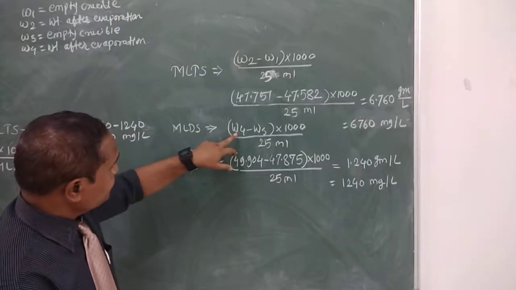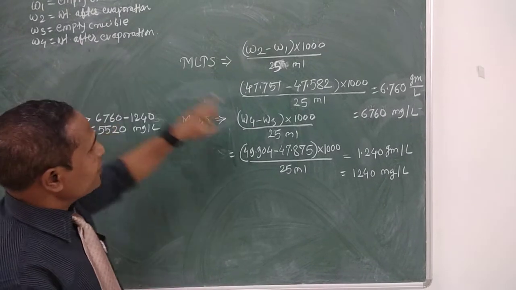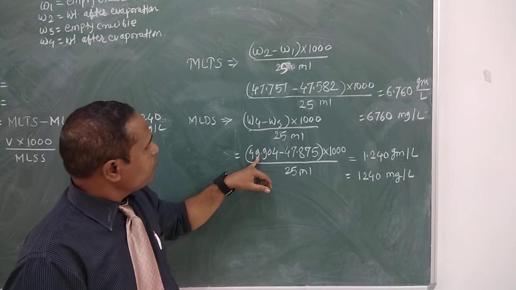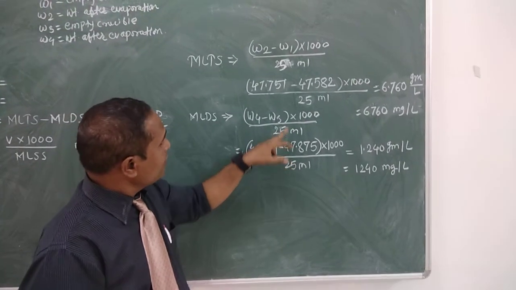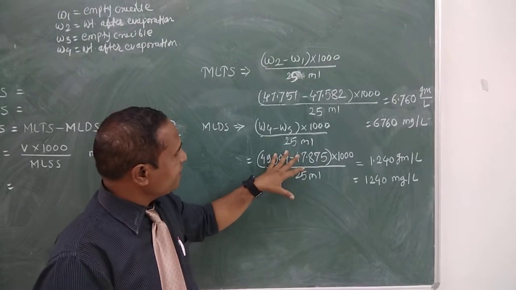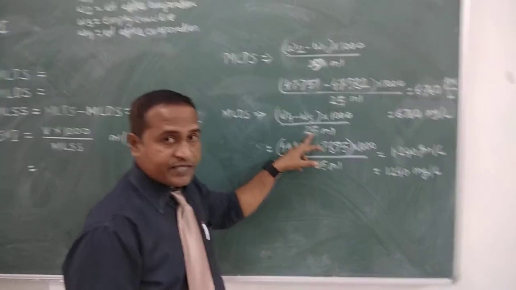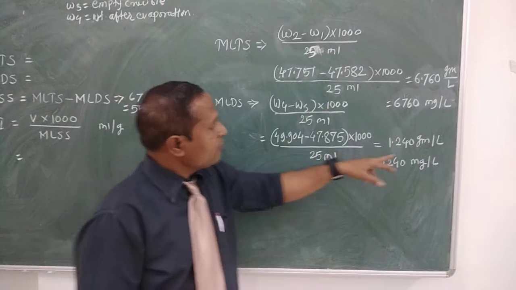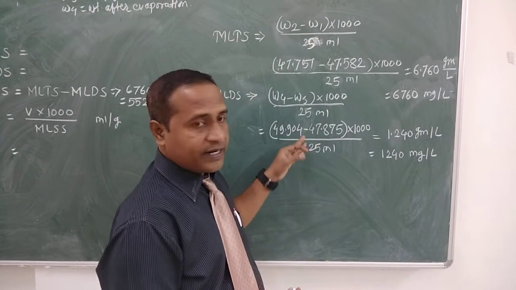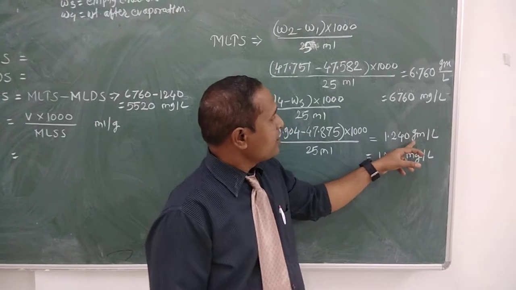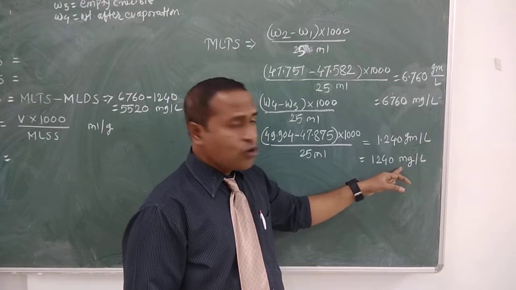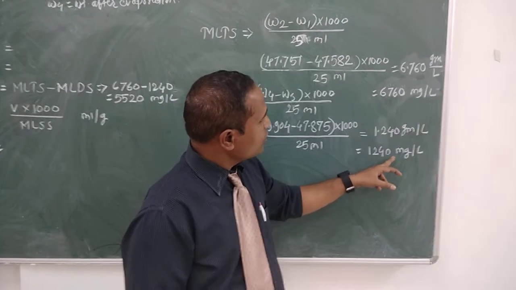W4 is the weight after evaporation, W3 is the empty crucible weight, and they are 49.904 and 47.875. This is the weight difference, and we have taken a 25 ml sample. Again we have to convert this for the liter and grams into milligrams. So this is 1.240 grams per liter. After multiplying by 1000, converting grams to milligrams, this will be 1240 milligrams per liter.